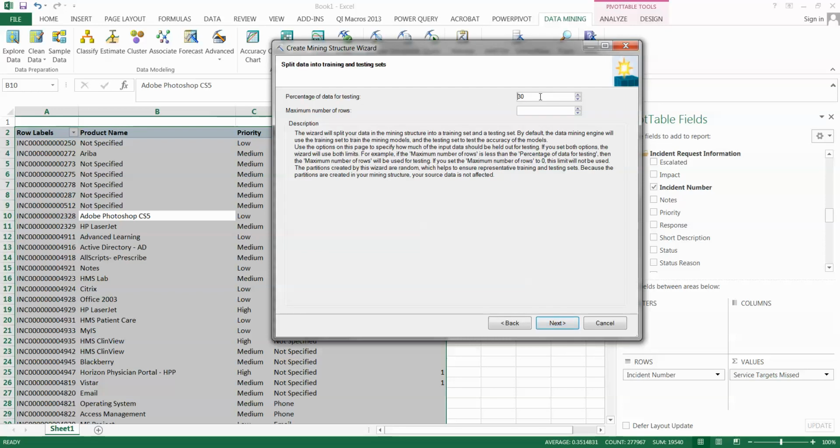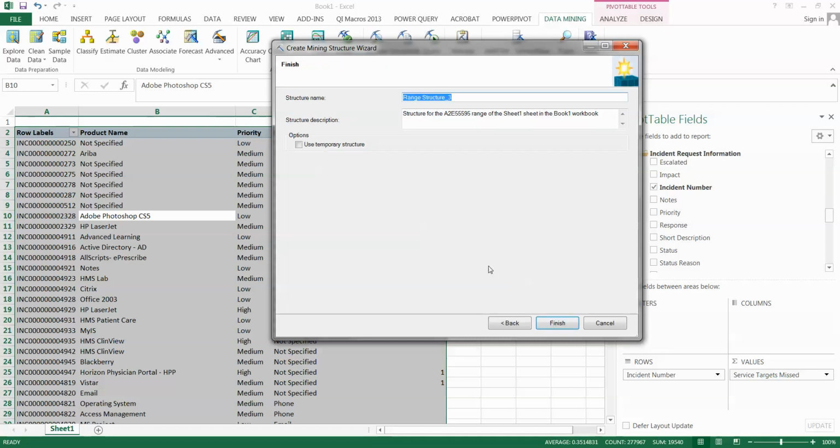Okay, so we've included all the data to create our new structure, and I like to use as much data as possible for testing, so we're going to use 49%. Anything over that and the results grow less accurate, interestingly, and we will not put a limit to the number of rows, so it uses all 49,000.